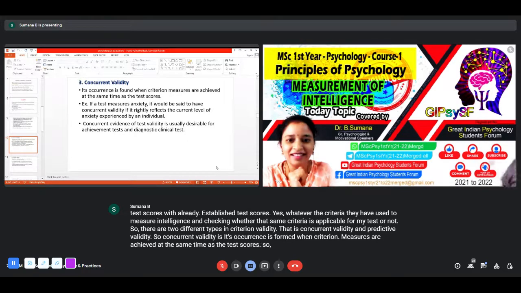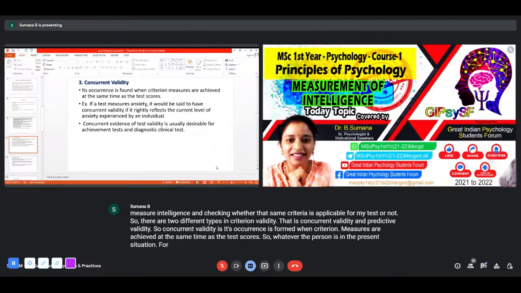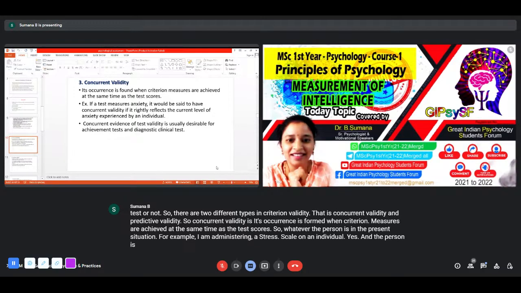For example, I'm administering a stress scale on an individual, and the person is fully stressed, then the test should give the score as high stress.